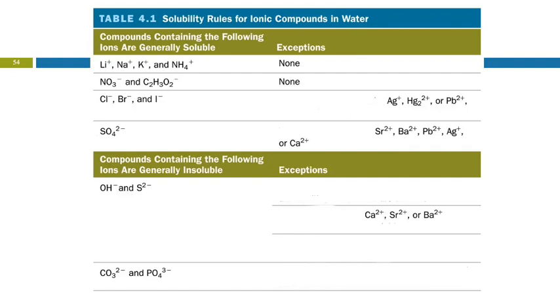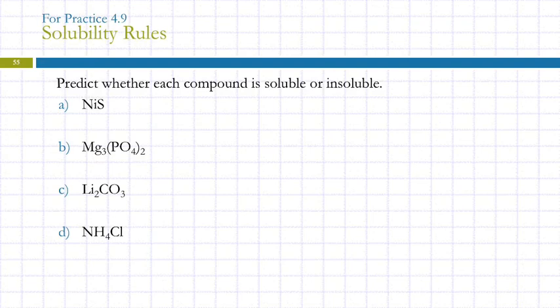So I took a screenshot. When you're doing these problems, try to think through the list and do it without looking at the rules, and then check yourself. That way you'll get practice and you'll kind of remember it without having to work at it too hard.